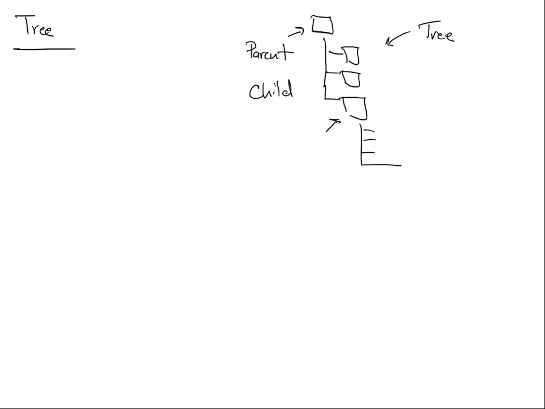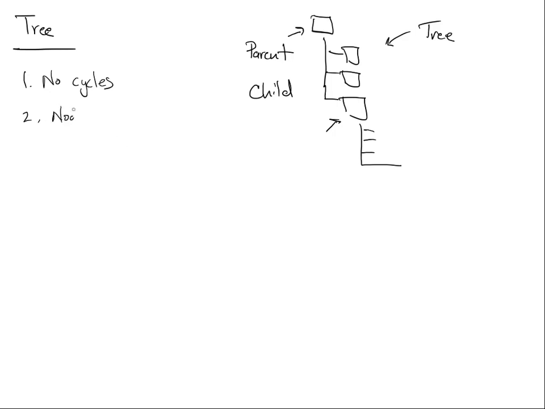And so there are really only two conditions on a graph in order for it to be called a tree. The first condition is that there can be no cycles. The second is that every node has at most one parent.